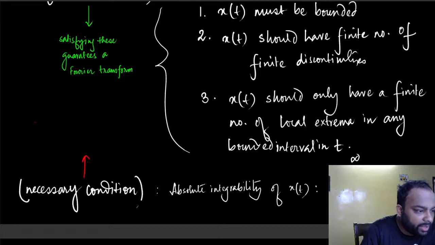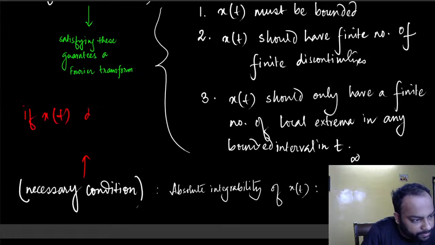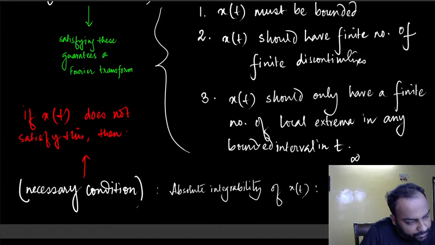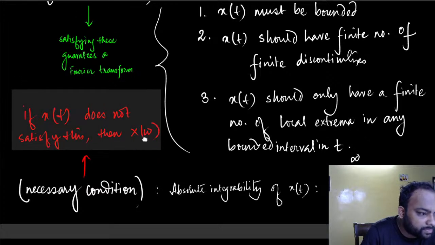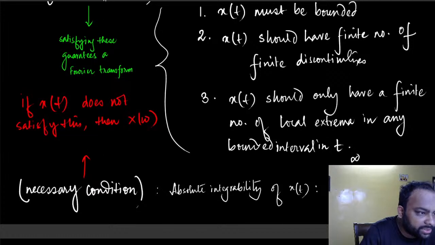So, for example, if x(t) does not satisfy this, then X(omega), that is the Fourier transform, does not exist.